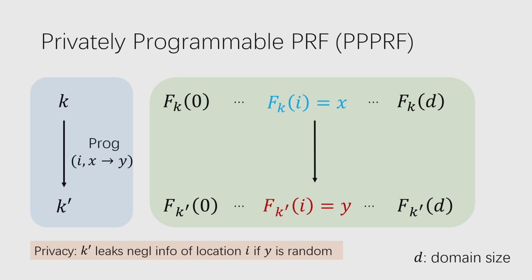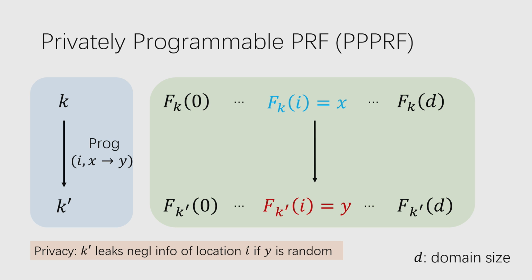It means that we want to program the ith location from X to Y, such that we result in a new key, K prime, where all the evaluations stay the same. The only thing changed is the ith location, where we change X to Y. And the privacy requirement says that the new key, K prime, leaks negligible information about the programming location.